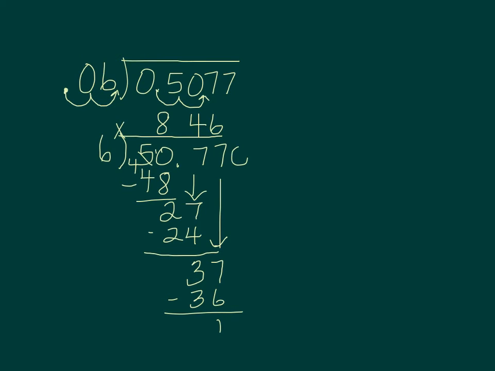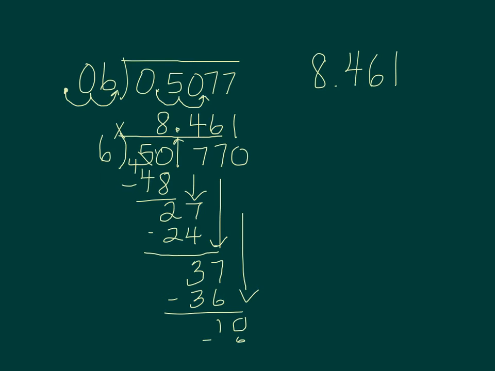And I'm going to add another 0. And 6 times 1 is 6. So I'm going to put that 6 right there. I'm not going to finish that problem because I just want to know out to the thousandths place. And then I have to bring up my decimal point. And so my quotient is 8 and 461 thousandths.